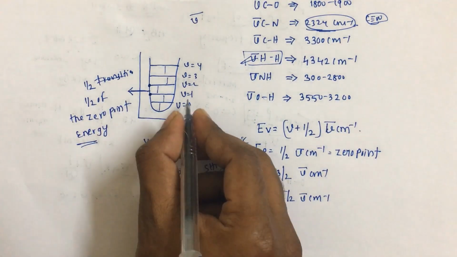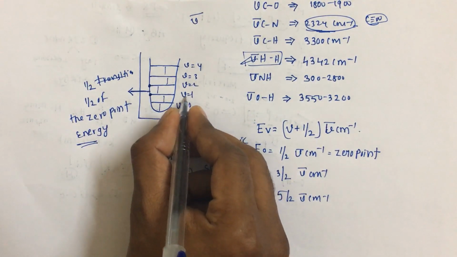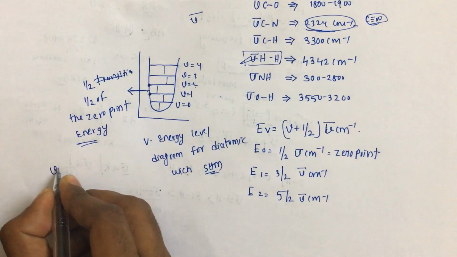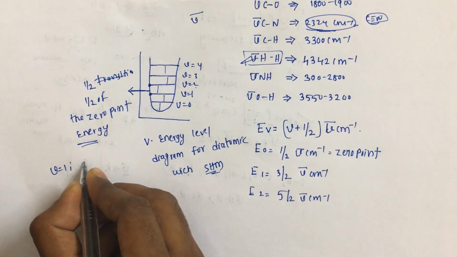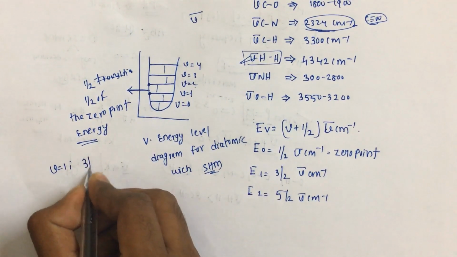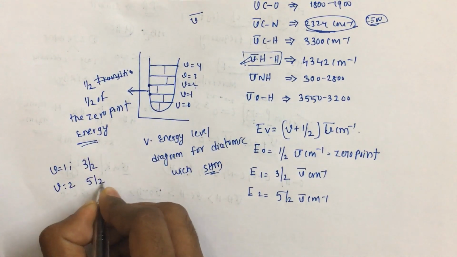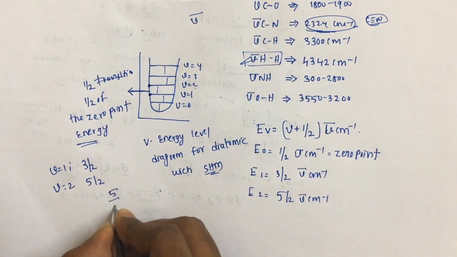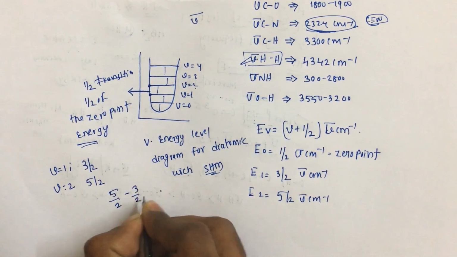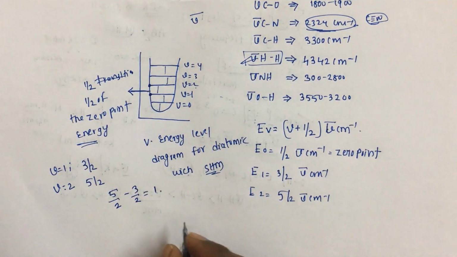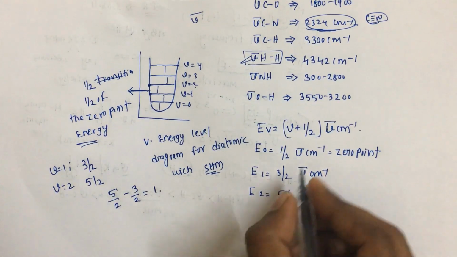So let's take V equals 1 and 2. When V equals 1, the energy is 3 by 2, and when V equals 2, the energy equals 5 by 2. So 5 by 2 minus 3 by 2 will be 1. Okay, so what is the zero point energy?